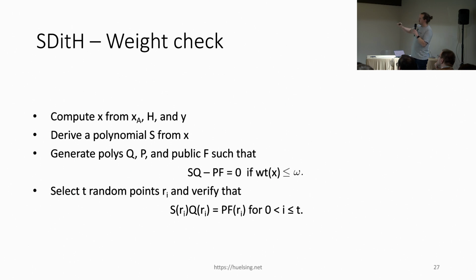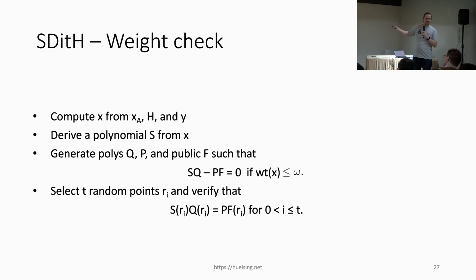So if I pick my points from a large enough space, the probability that I exactly hit these roots is vanishingly small. It gets smaller the bigger the space and the smaller the degree of my polynomial. So I can balance the number of points at which I'm evaluating these polynomials so that I get a reasonable success probability of catching anyone that tries to cheat. And so this is the equation that I will evaluate for a bunch of public points R.